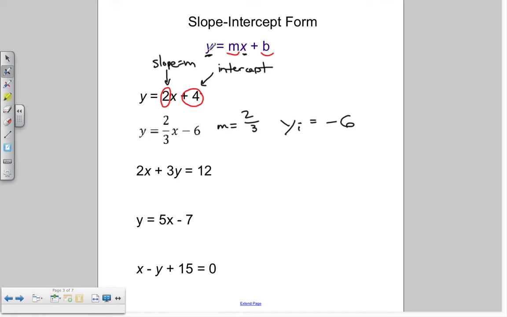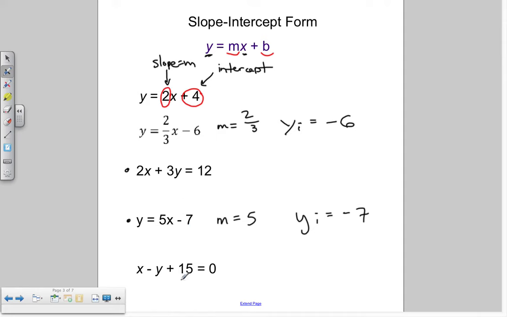It does not look like y equals some number x plus some number. It's in a different form. So I need to force it to be in slope-intercept form. I'm going to come back to that one. This one here, is this one in slope-intercept form? y equals some number x plus b. Yes. So what is my slope here? 5. What is my y-intercept here? -7. Okay, not a coincidence.